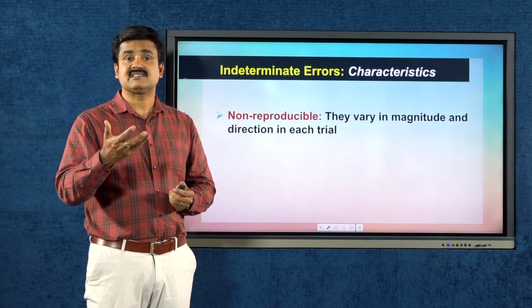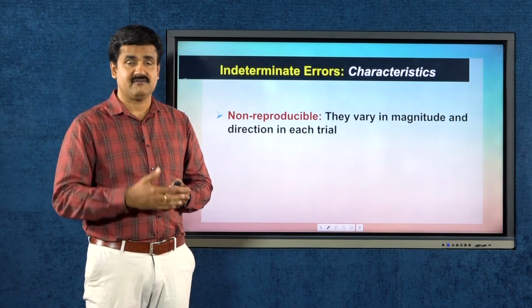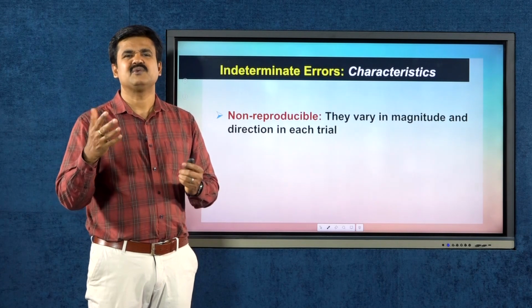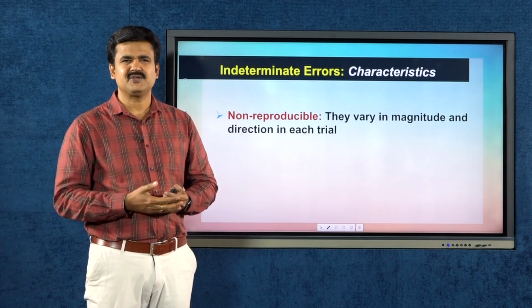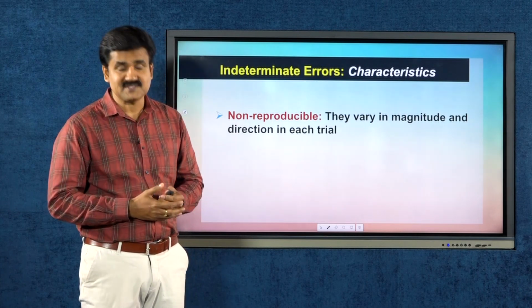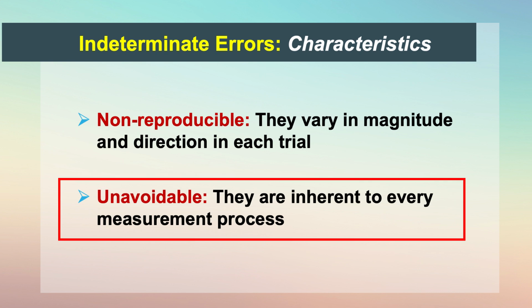Sometimes an indeterminate error may lead to a higher experimental value, in some other case a lower experimental value, and so on. So the direction and the magnitude cannot be predicted and they are non-reproducible. Indeterminate errors are unavoidable. It is not possible to completely rectify them.